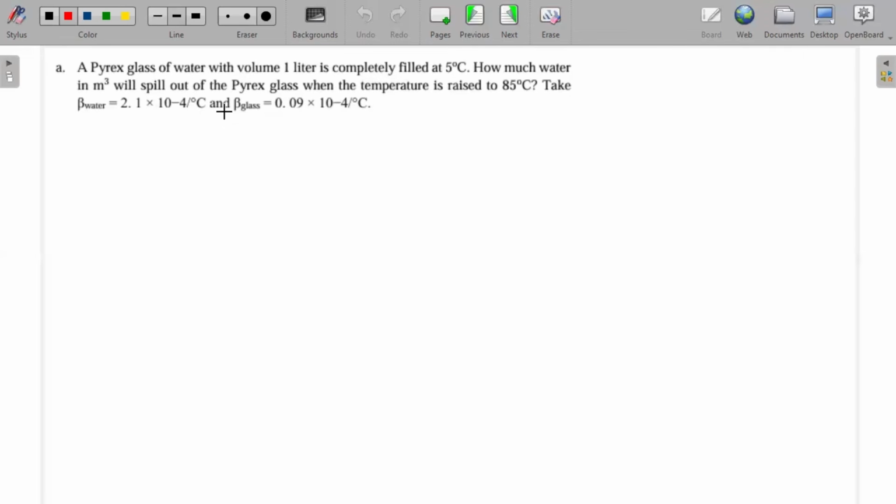It's just because of their differences in the coefficients of volume expansion. The volume expansion of water is higher than the volume expansion of the glass. That means water is going to expand at a higher rate than the glass that we have here.